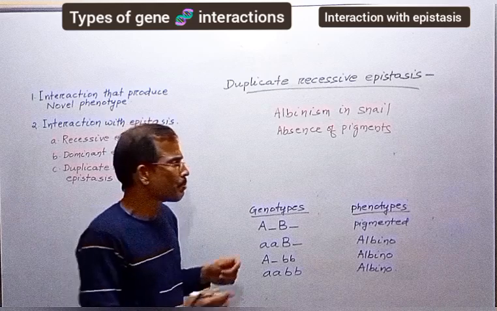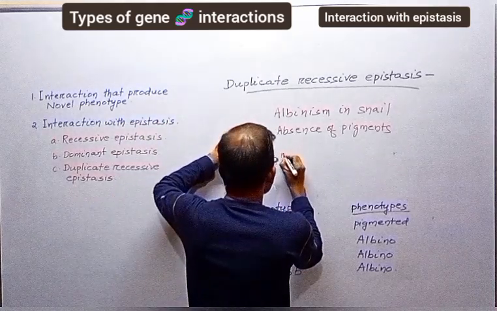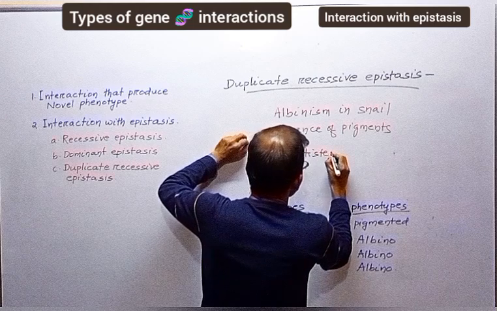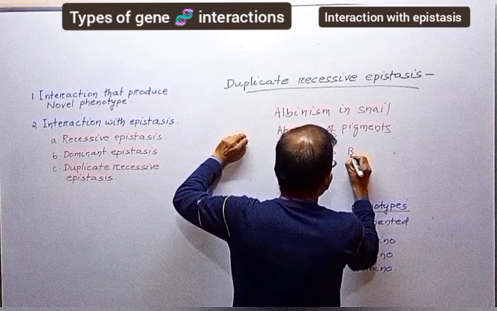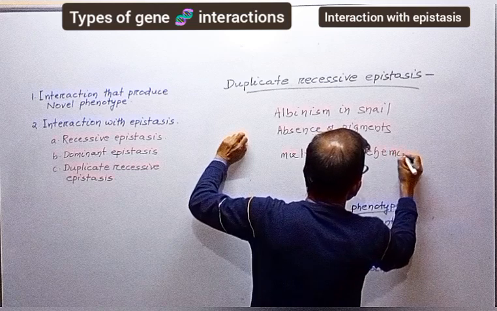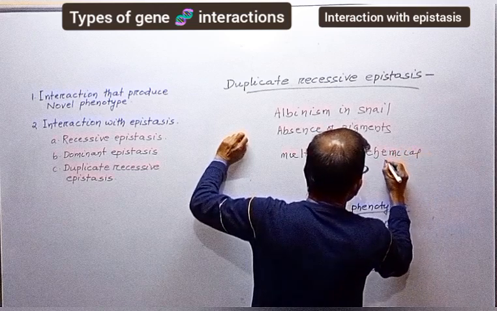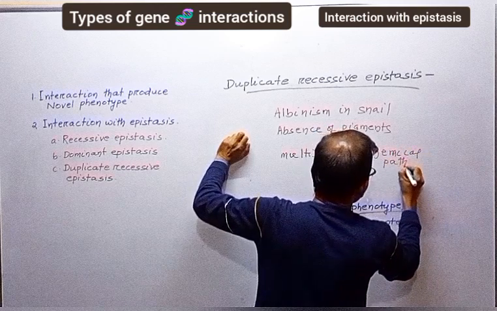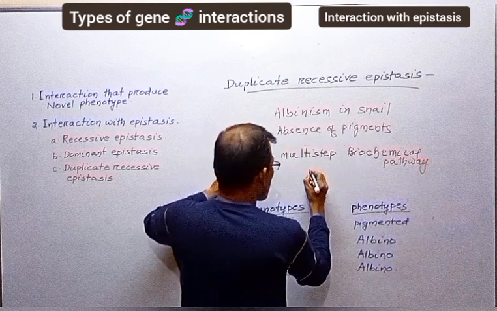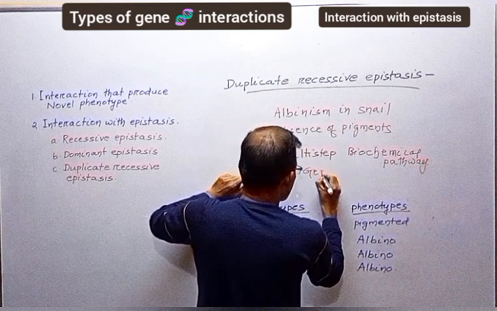Almost always, pigments are produced by multi-step biochemical pathways. Albinism thus involves gene interaction.